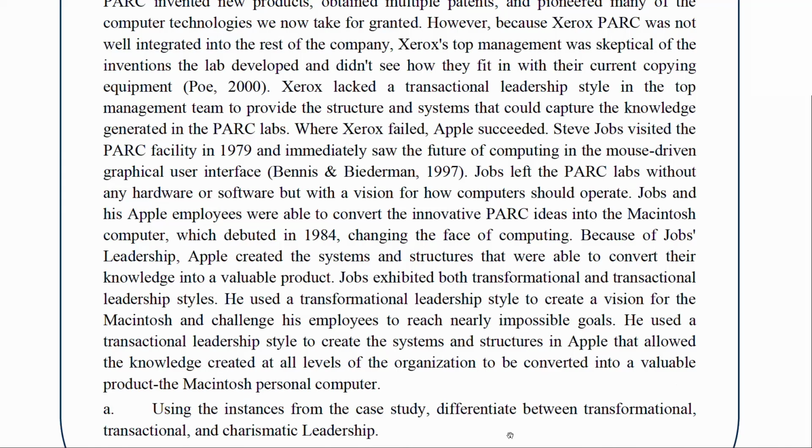He used a transformational leadership style to create a vision for the Macintosh and challenge his employees to reach nearly impossible goals. He used a transactional leadership style to create the systems and structures in Apple that allowed the knowledge created at all levels of the organization to be converted into a valuable product, the Macintosh personal computer.